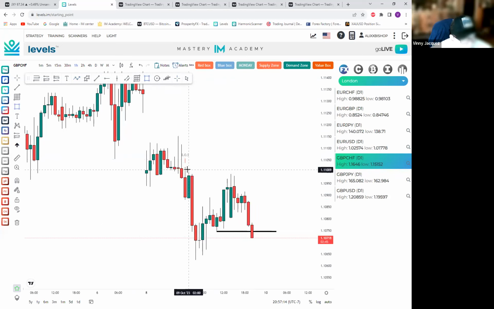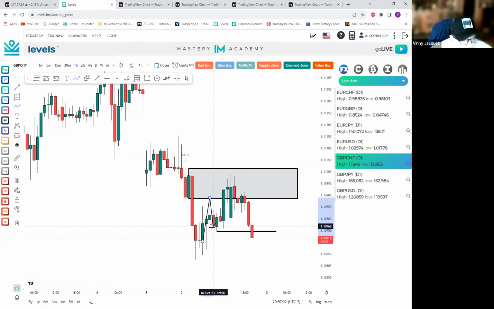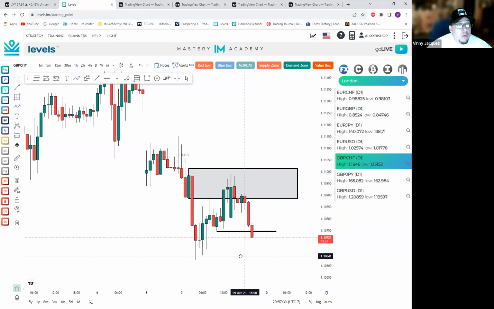This right here would be my supply. Notice, market touches it, plays around, consolidates, touches it again, taking everybody out who was at break even. Change of character. But now we need this candle to break and close below.